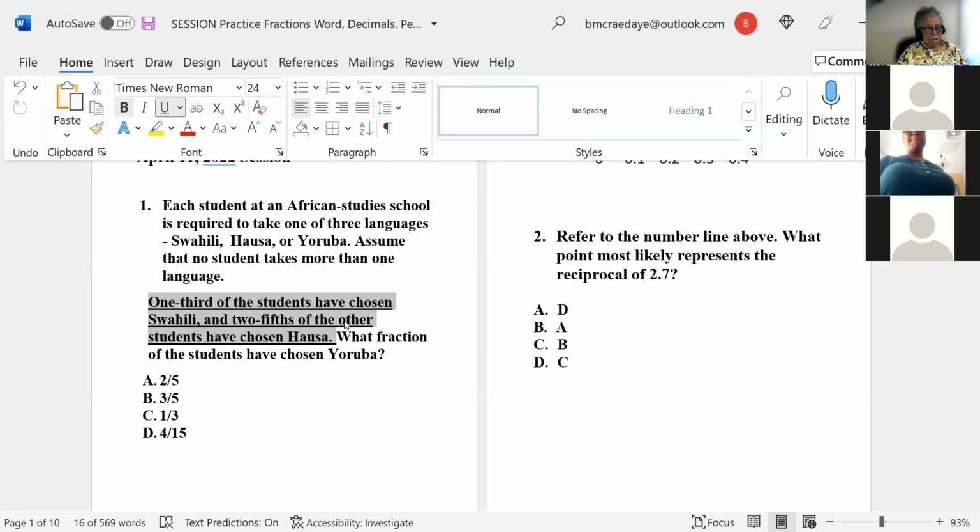So you got the fraction Swahili, the fraction Hausa. The remaining students are taking Yoruba. Those fractions should add up to a whole, right? And a whole could be 5/5. It could be 15/15. It could be 8/8, 6/6.